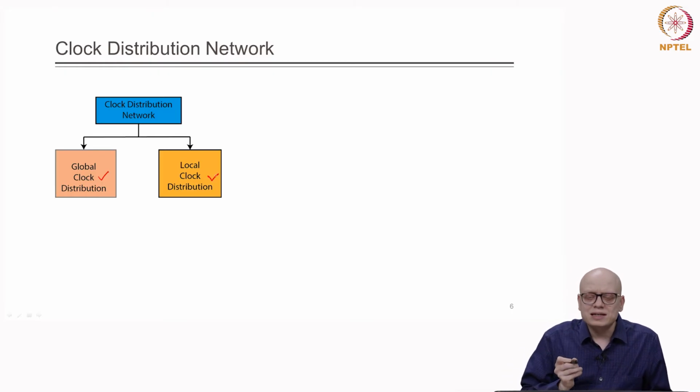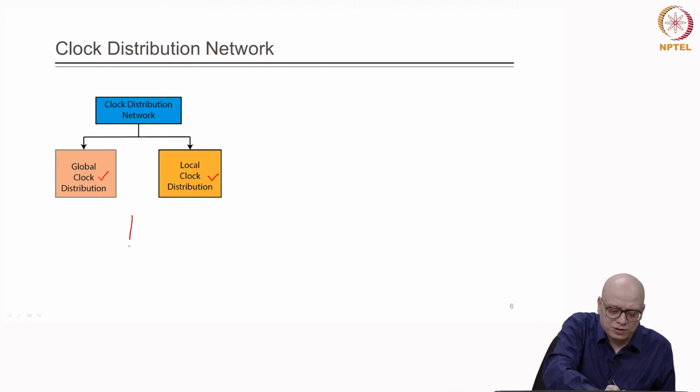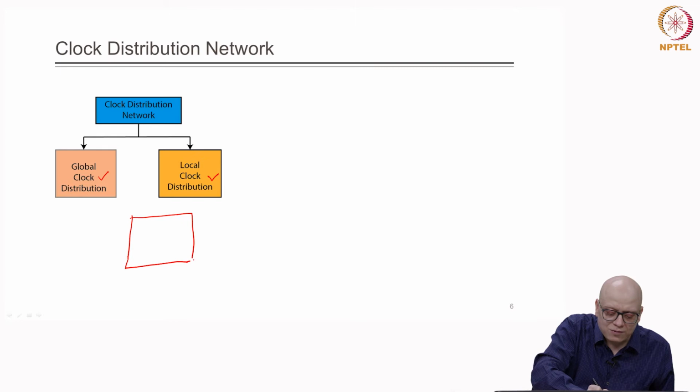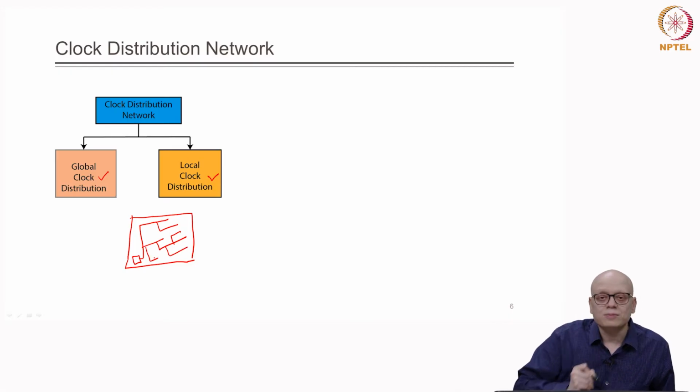What it means is that suppose we have a chip and we have a clock source. From this clock source we will first make a global clock distribution network, which will basically distribute the clock signal throughout our chip, right.